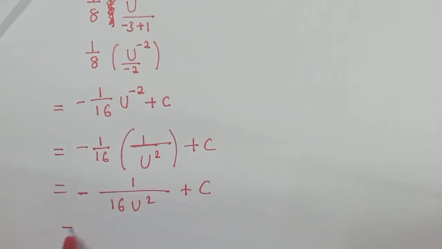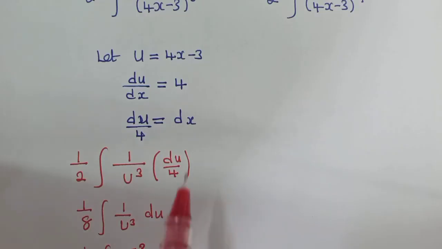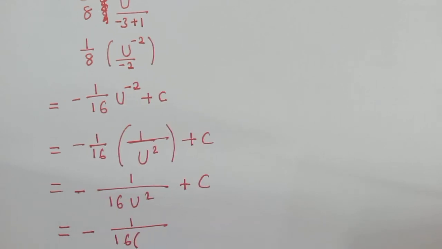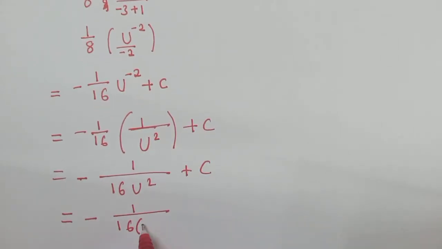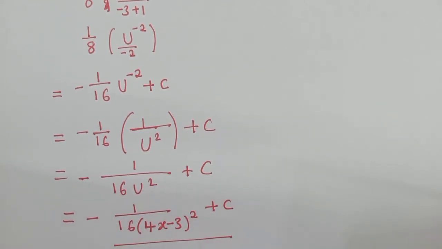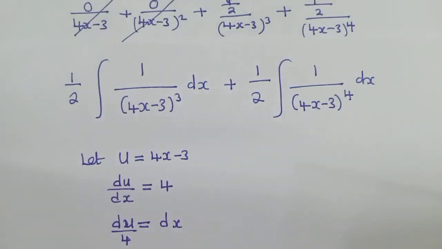Now we can substitute the value of u, which is 4x minus 3, so we have negative 1 over 16 times 4x minus 3 power 2 plus c. So we have solved one part. We go to the next part also.